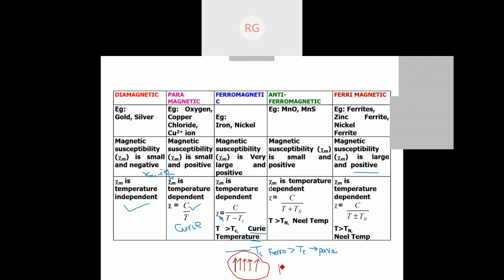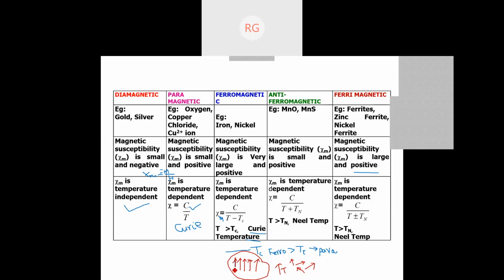As T is increased, the chaotic motion of the dipole moments also increases. As they get more energy, the dipoles start vibrating, and at a temperature greater than Tc, they will be oriented randomly, losing their alignment.